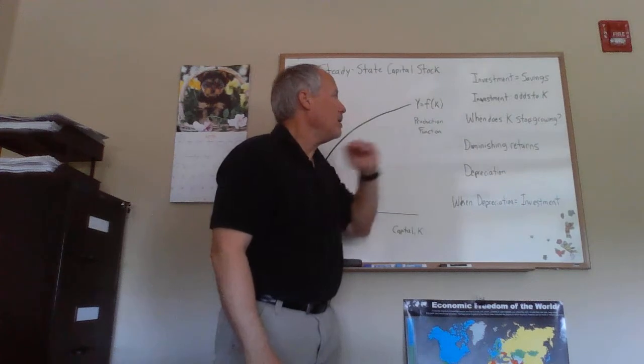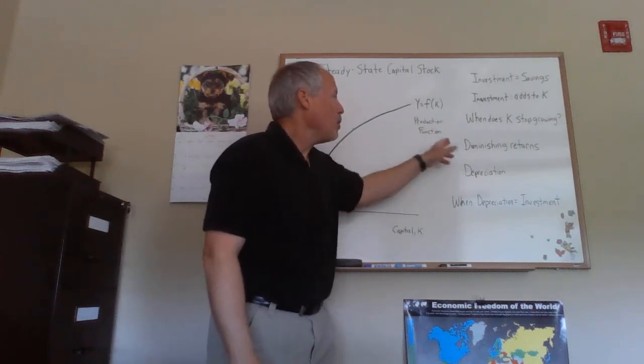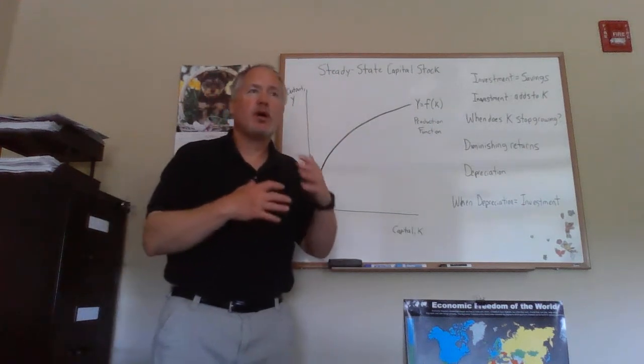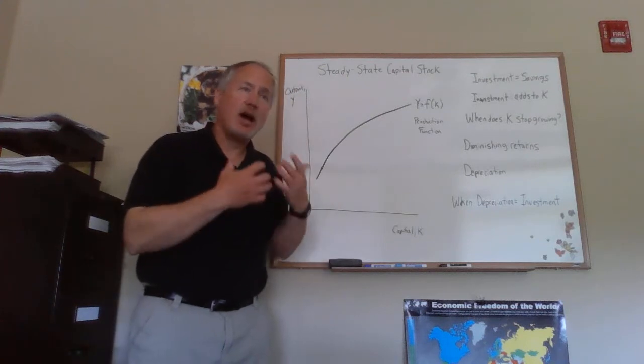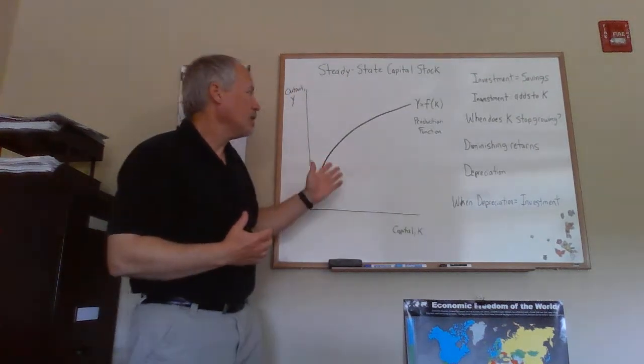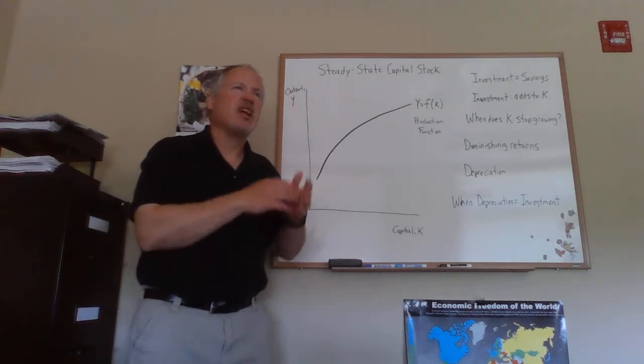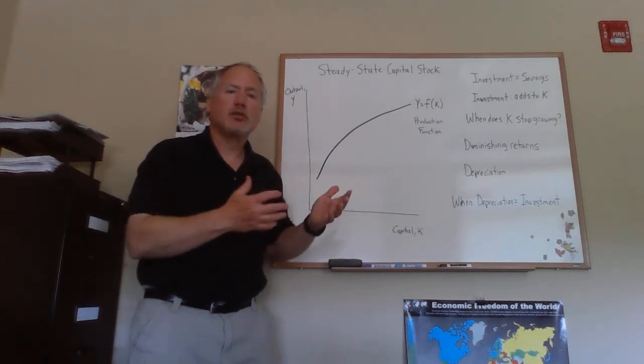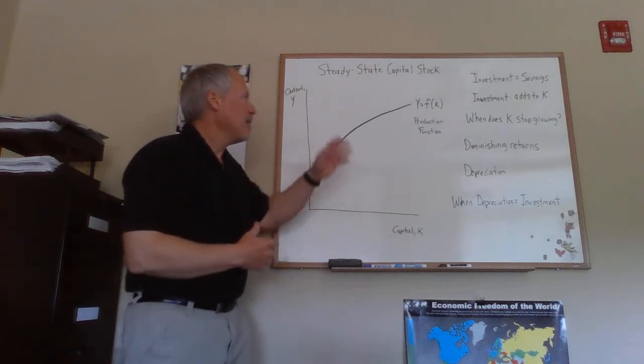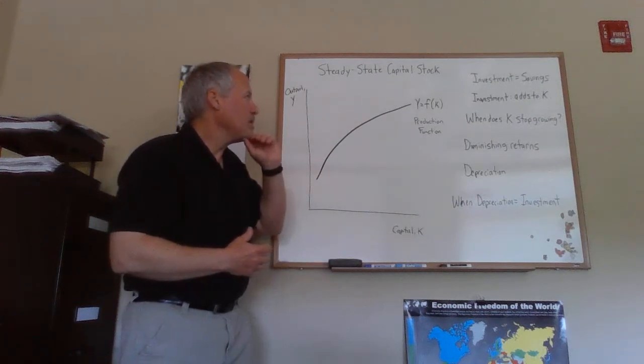Well, when does capital stop growing? One thing we said in the video on the production function is that because we're holding labor in the economy constant, and other factors of production like natural resources, output is depending on capital.